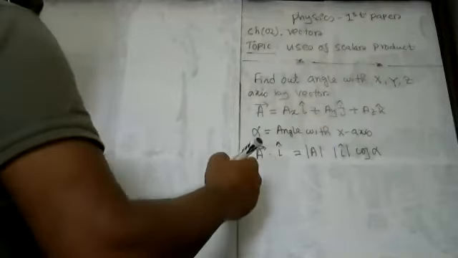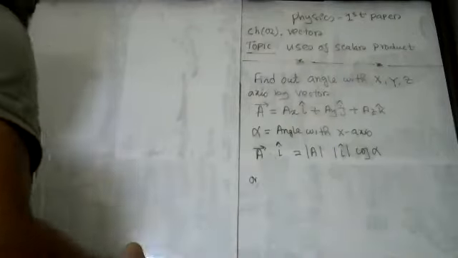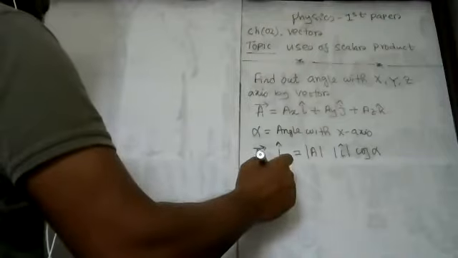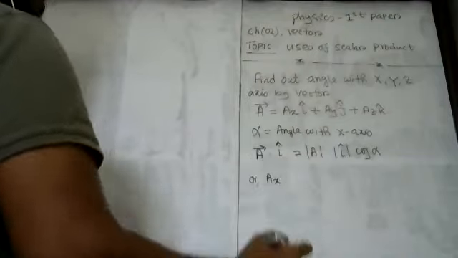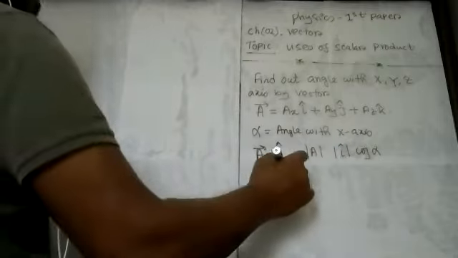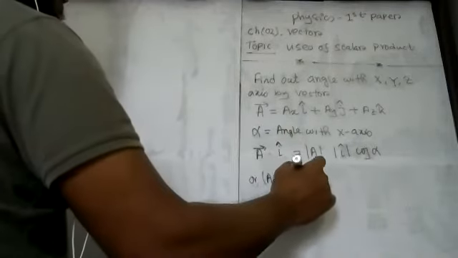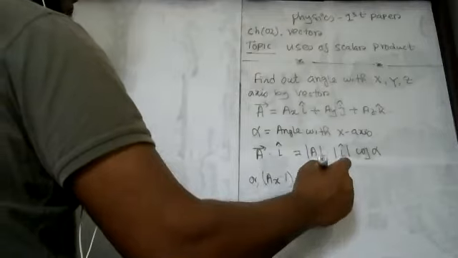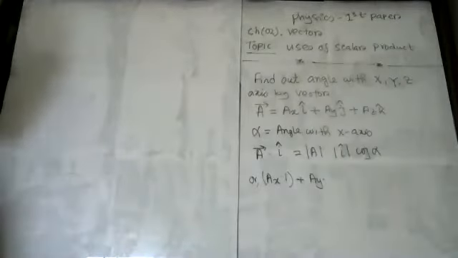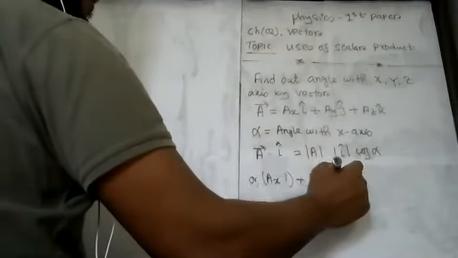Now, my dear student, what is the value of cos of the angle between them? At first, A dot i hat. A means its first component, AX. I hat means its coefficient is only 1. So 1, plus AY, it has no component of j hat, so it will equal 0.